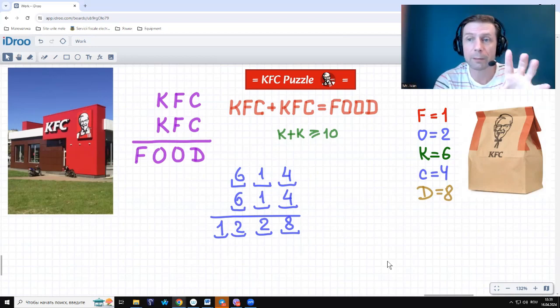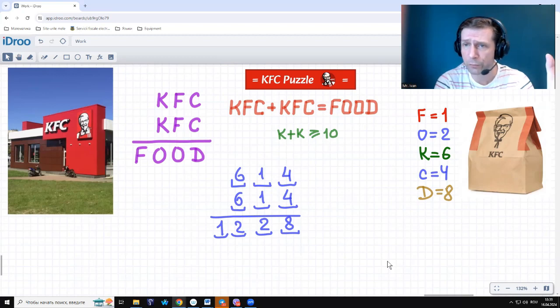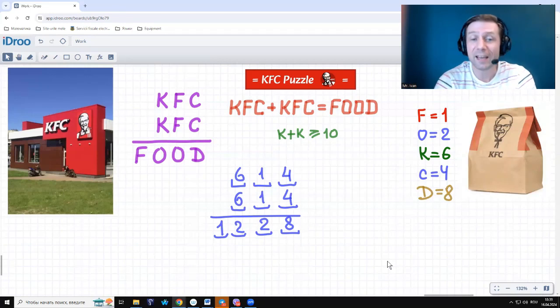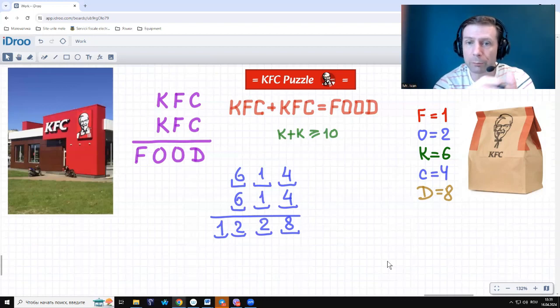And these kinds of puzzles are pretty good for brain development in general, for the development of your logical skills. When you see this puzzle the first time, KFC plus KFC equals FOOD, what is it all about? Especially if you're not a fan of math and math puzzles. But when you solve one puzzle like that, then another one, and some more, you feel like, I can be pretty confident I can solve these. It means we decipher a complicated problem.